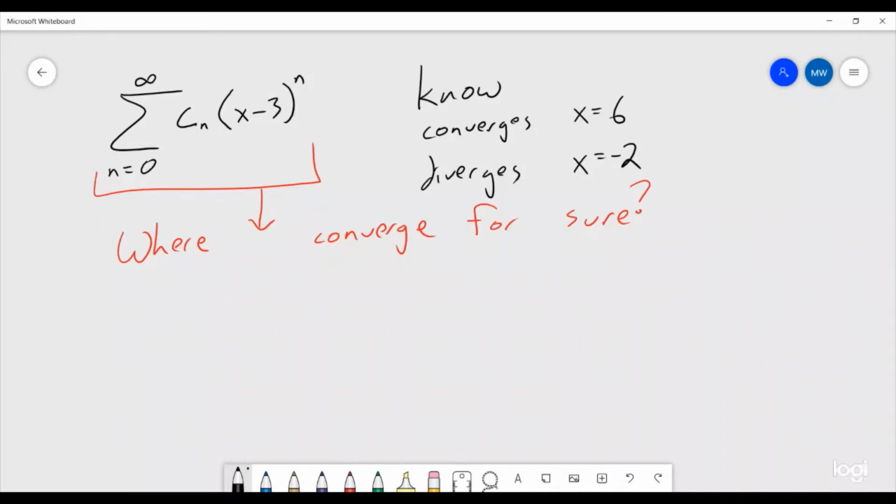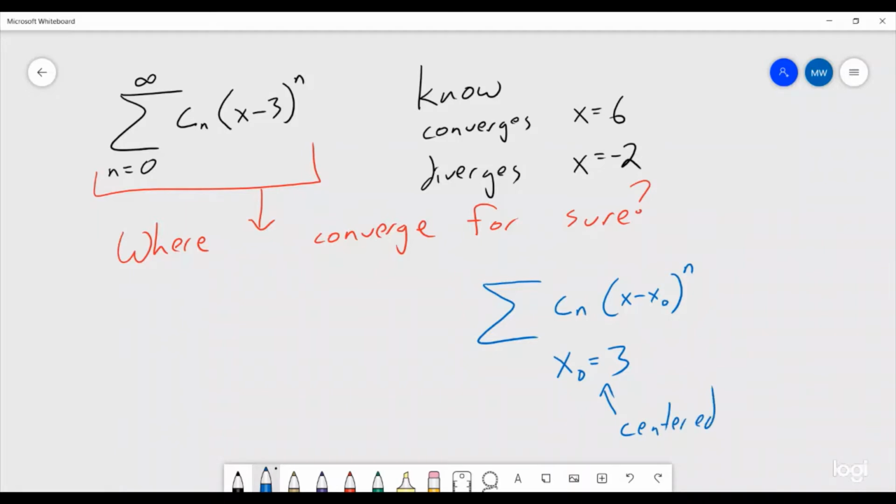Now, because this is a power series, this is of the form the sum of some constants times x minus x naught to the n. So this tells us that x naught equals 3, which means that this is where it's centered. So we know it is centered at x equals 3.